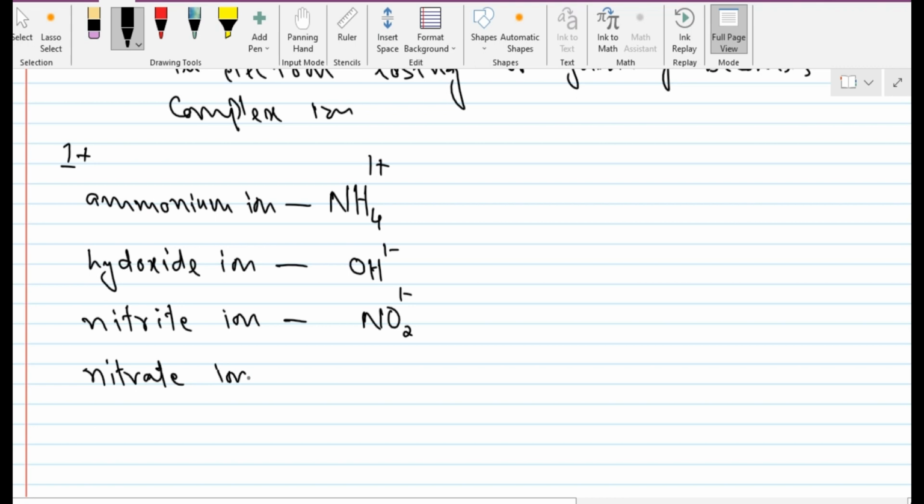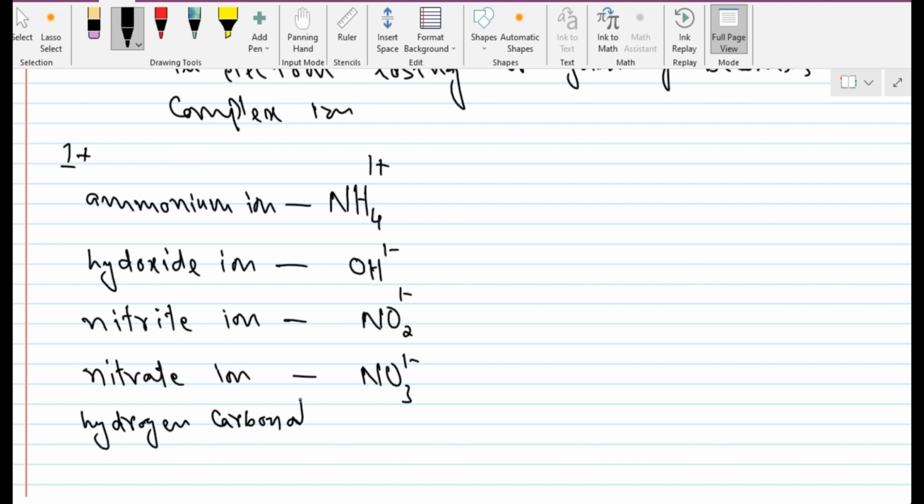Nitrate ion, the formula is NO3, 1 negative. Then hydrogen carbonate, sometimes also called bicarbonate.